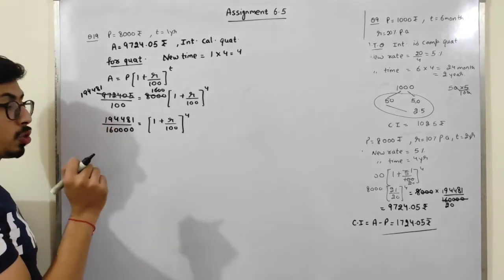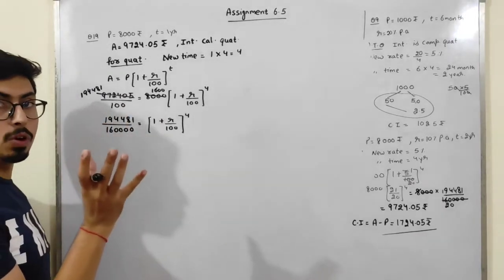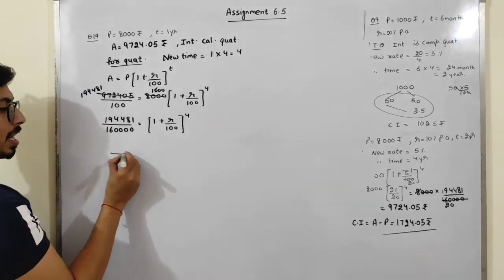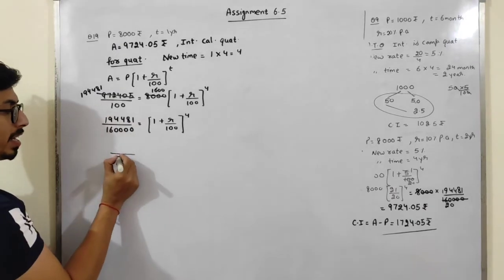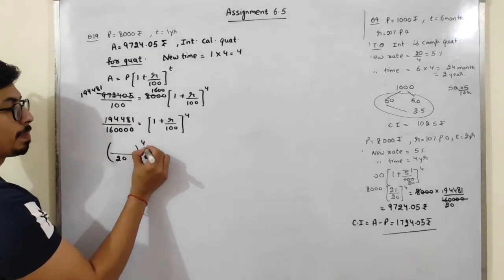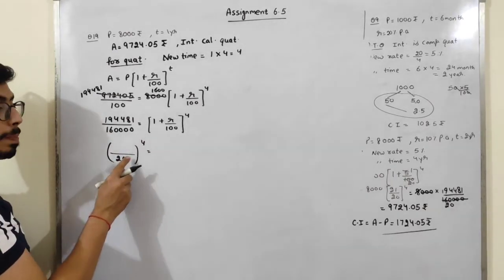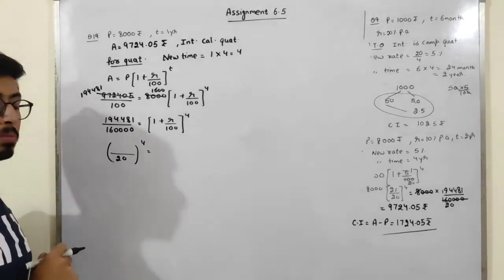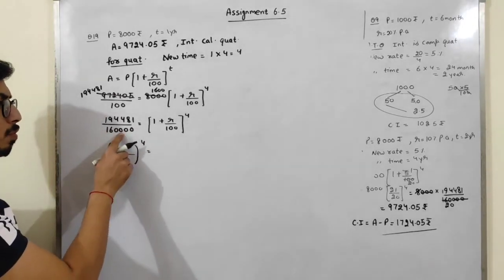So you have to make sure that this complete number should be a power of a particular number. So see, I know that 16 is 2 raised to the power of 4. So I can write 20 raised to the power of 4 because 2 raised to the power of 4 is 16, and if I take 0 and power 4, that means I am writing 0 4 times. So this number is 20 raised to the power 4.